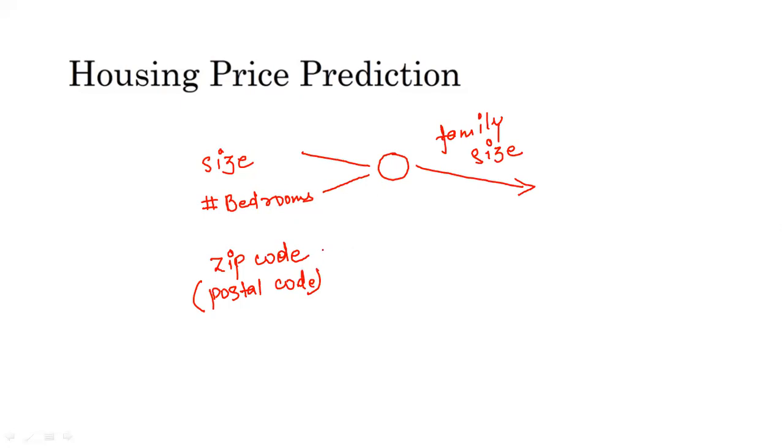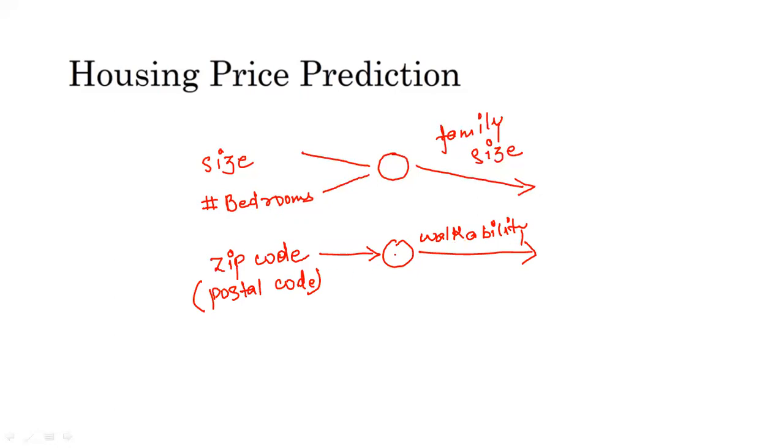Now, the zip code basically refers to some other neuron, and this zip code represents the walkability. Okay, so how far or near a grocery store is, how far or near a hospital or various facilities related to the people are.